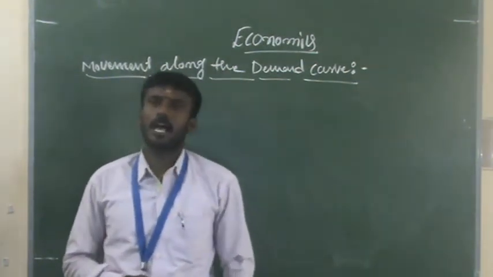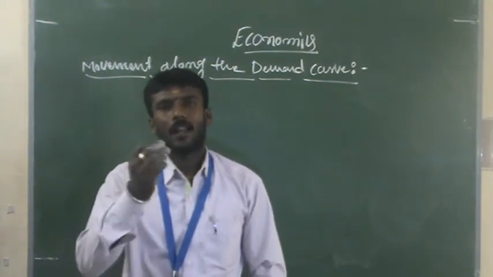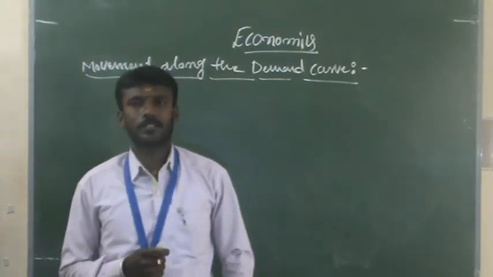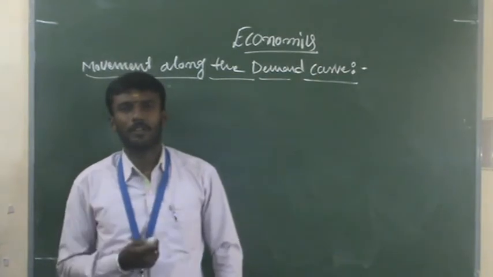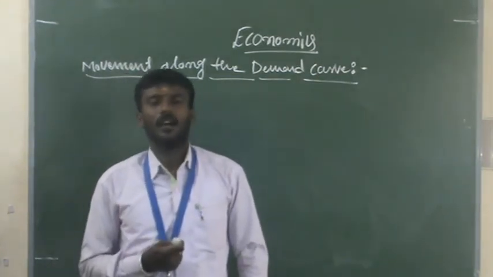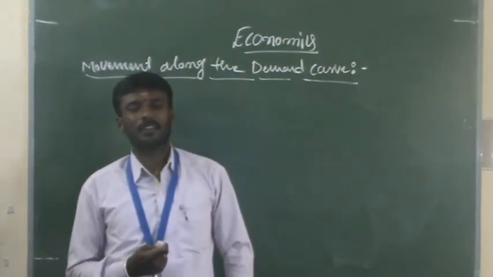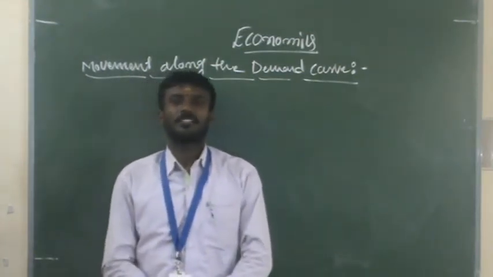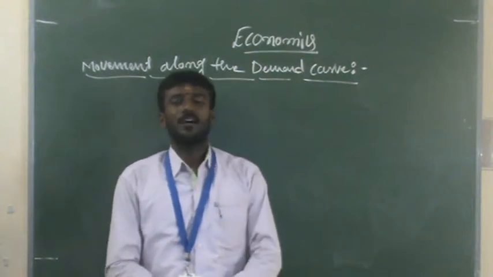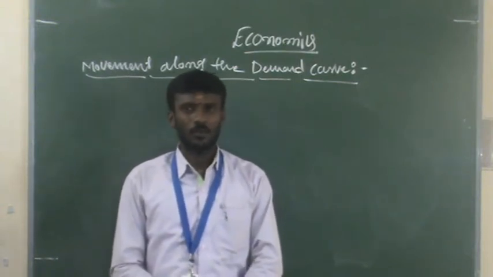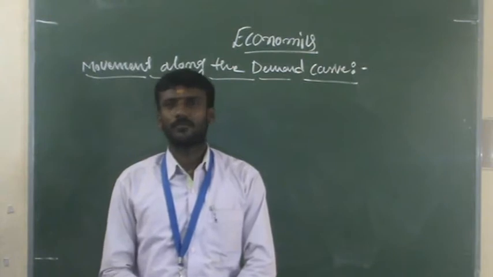See, once again I repeat in simple terms. Already you know that in the last hour or before we studied the quantity of demand that the consumer demands is dependent on the determinants of demand, such as price of the good, price of the other good, consumer income, consumer taste and preferences.